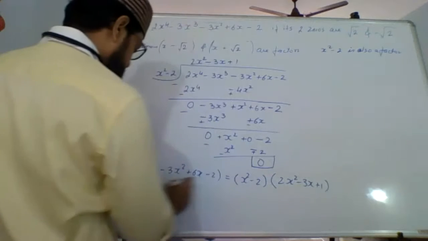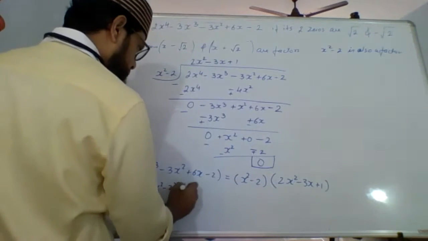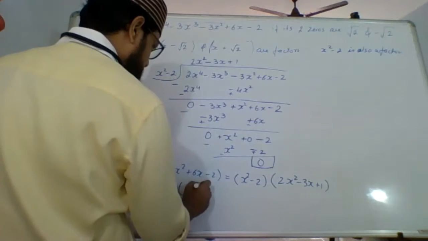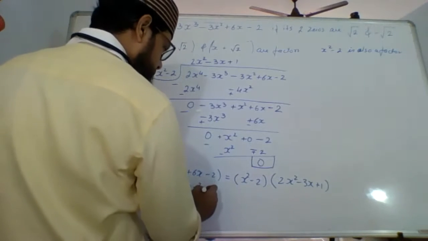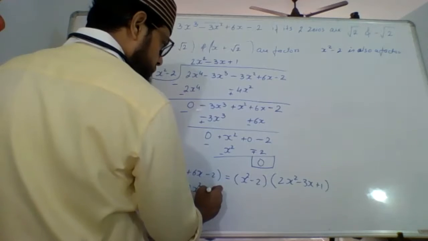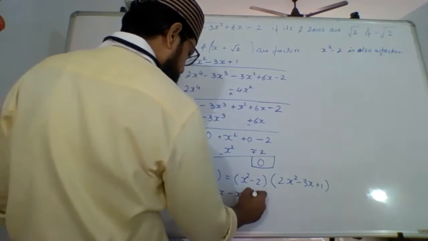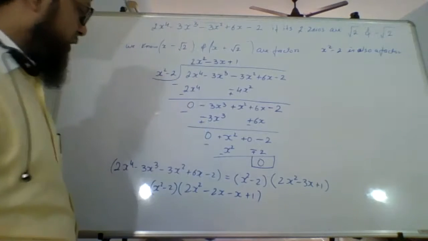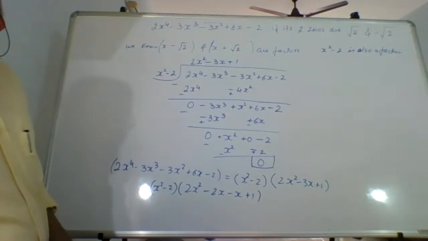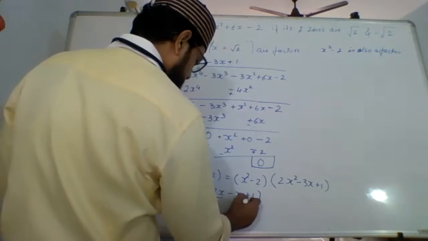So this I will write here as x^2 minus 2 into bracket 2x^2 minus 2x minus x plus 1. Then these two are like terms.